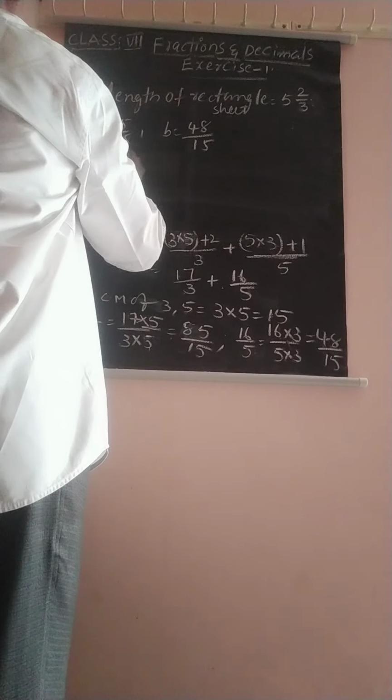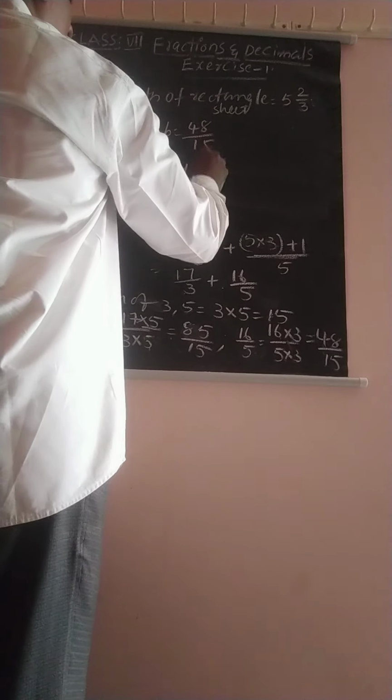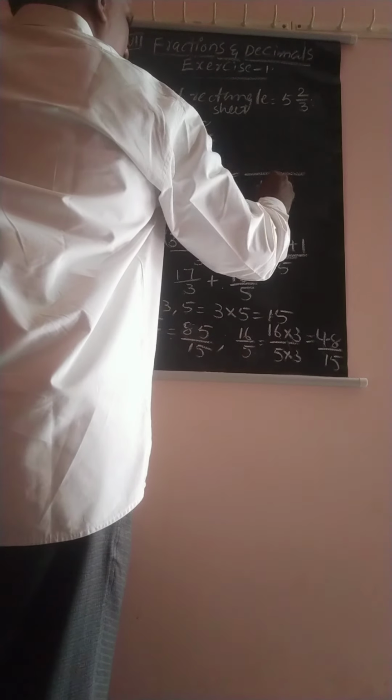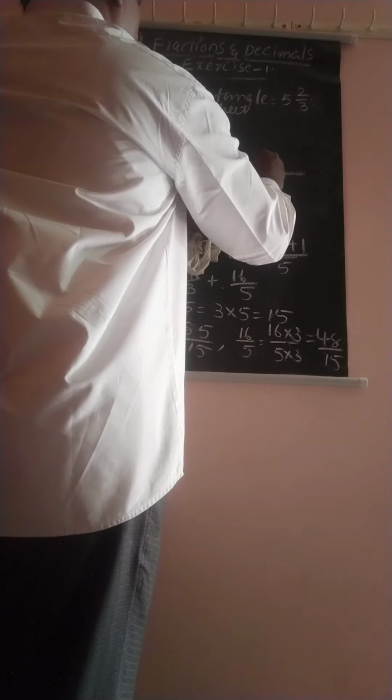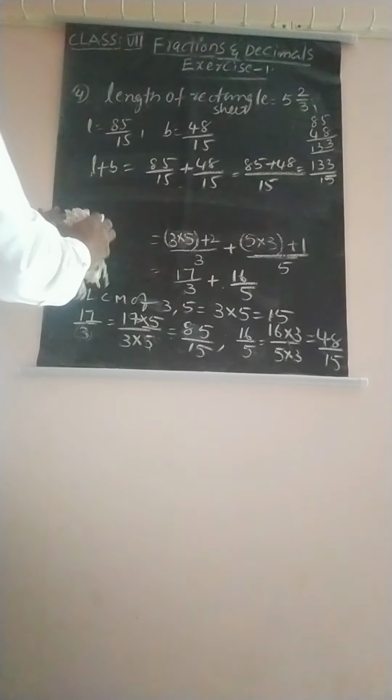L plus B is equal to 85 by 15 plus 48 by 15. Same denominator 15, so 85 plus 48. How much is 85 plus 48? 133. So 133 by 15.